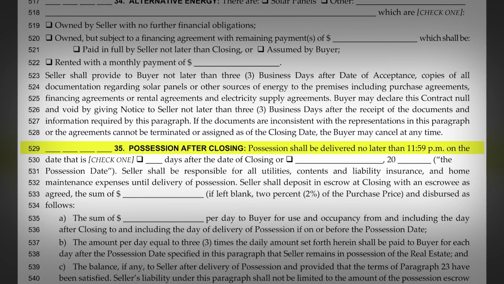Paragraph 35, possession after closing. If the seller will not be able to vacate the home at closing and the buyer taking possession, they can negotiate that at the time of writing the contract. When that happens, you can put that in there, and you can choose a certain number of days or a specific calendar date, which will be the possession date.